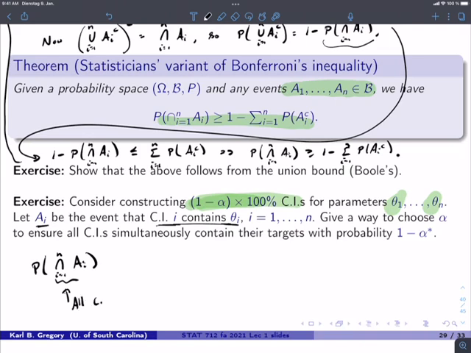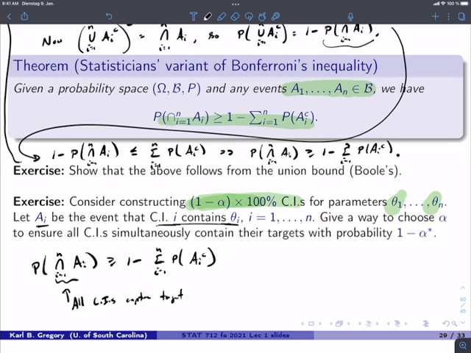This means all CIs capture target. And this happens with probability at least 1 minus the sum of the complements.